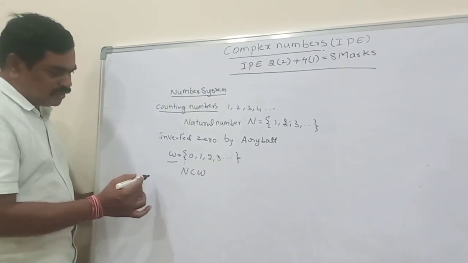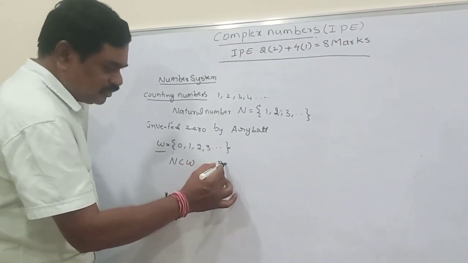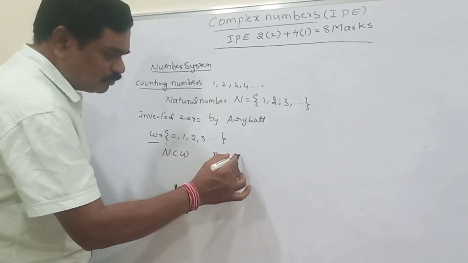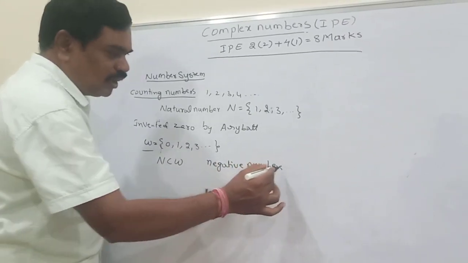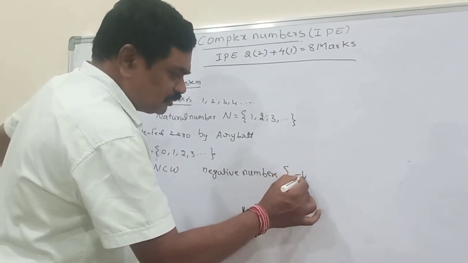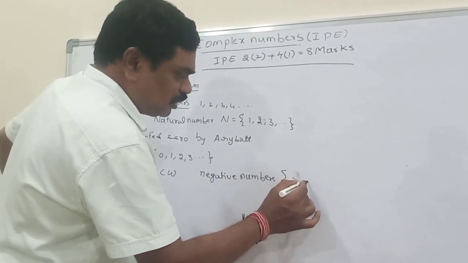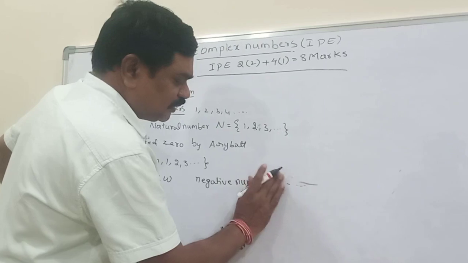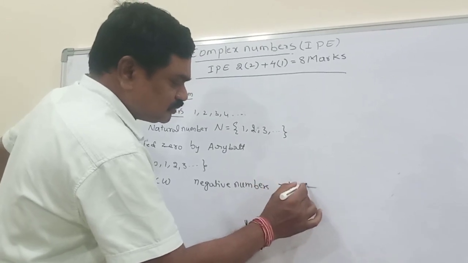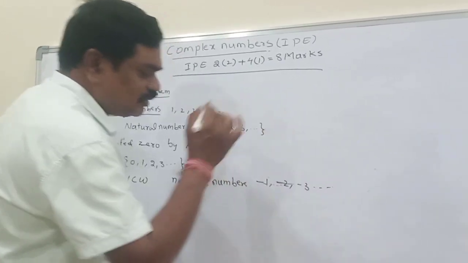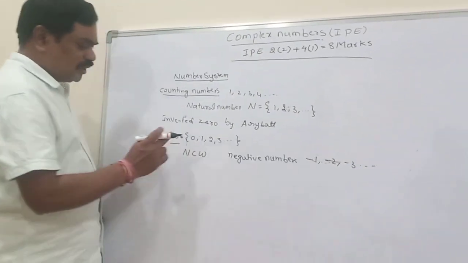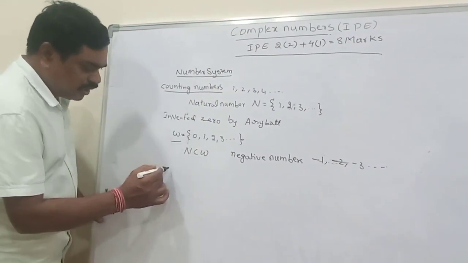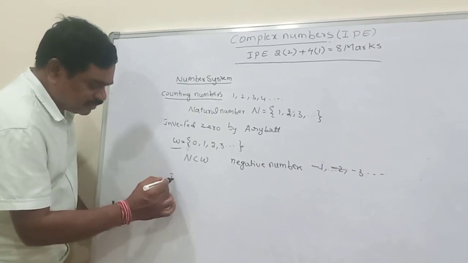After that, negative numbers. Negative numbers are -1, -2, -3 and so on. These negative numbers and whole numbers together are integers.